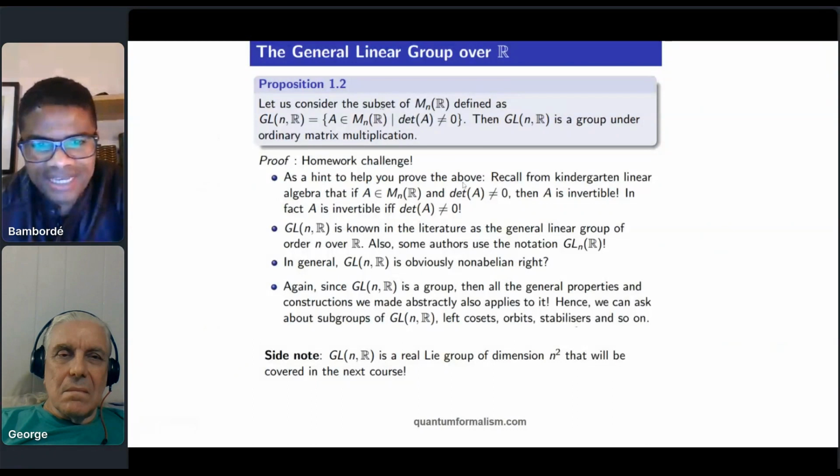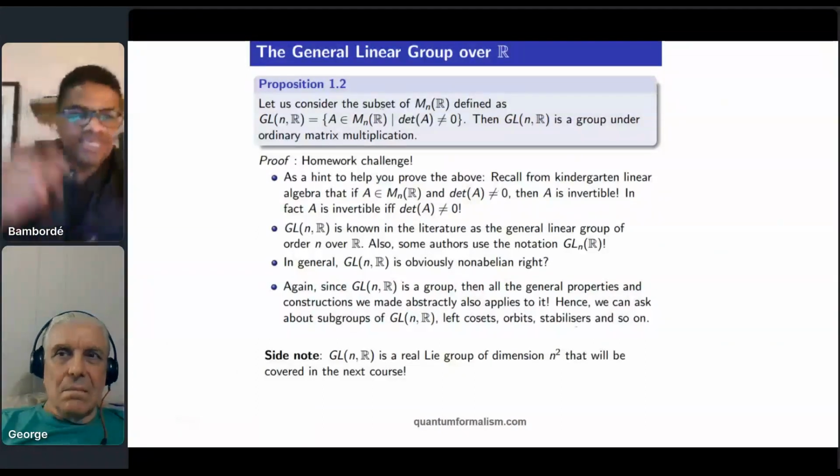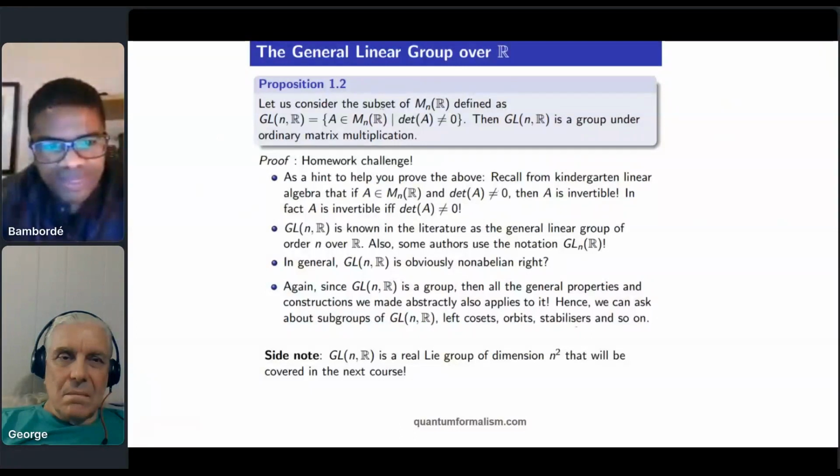Here's a hint to prove this: if the determinant of a matrix is non-zero, then it's invertible. In fact, a matrix is invertible if and only if the determinant is non-zero. This group is known as the general linear group of order n over R, or just the general linear group.